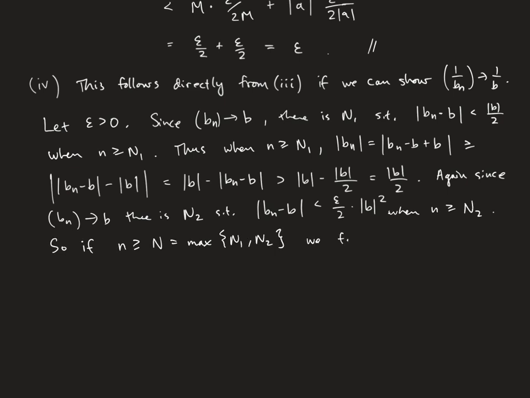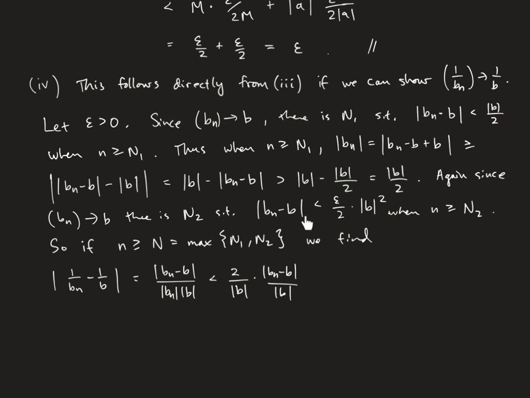we find that the difference between 1 over bn and 1 over b is the absolute value of bn minus b over the absolute value of bn times the absolute value of b. That is less than or equal to, actually strictly less than, according to what we did, 2 over the absolute value of b times the absolute value of bn minus b over the absolute value of b.